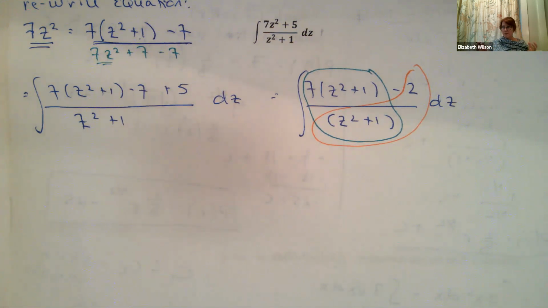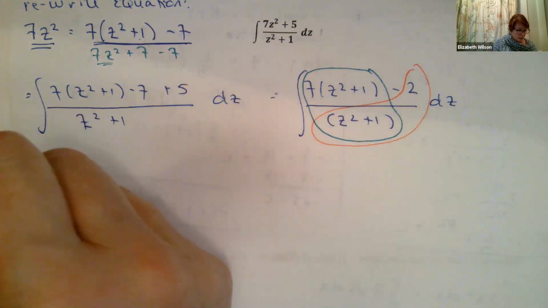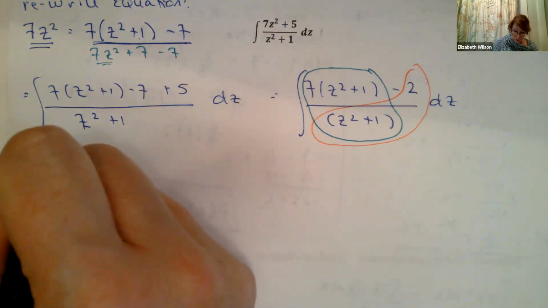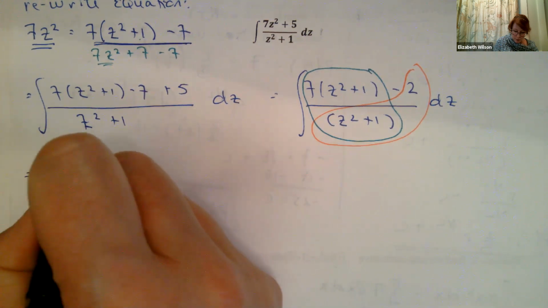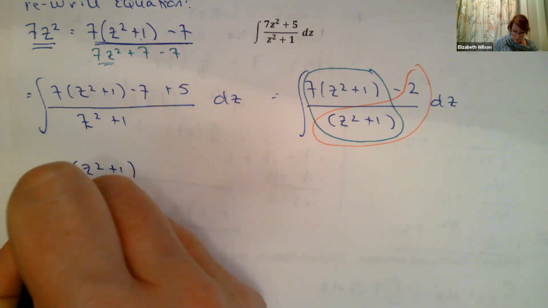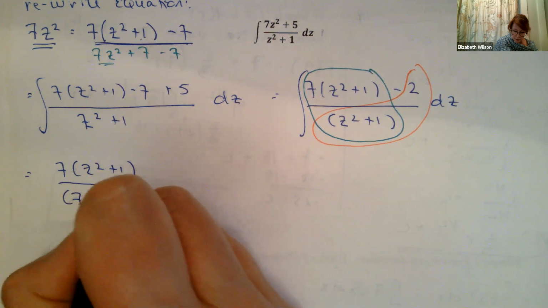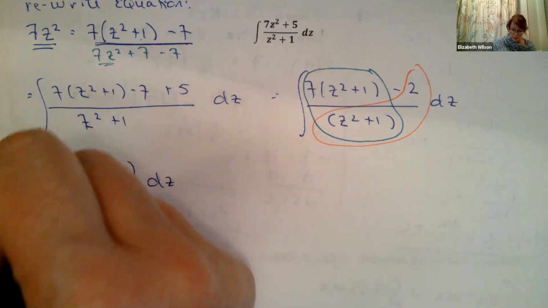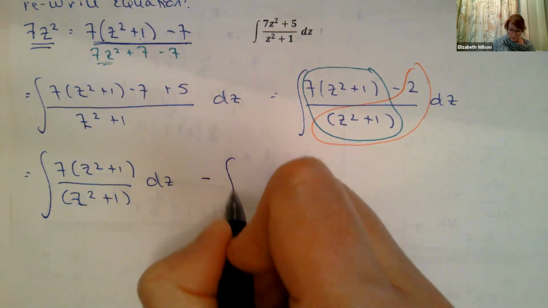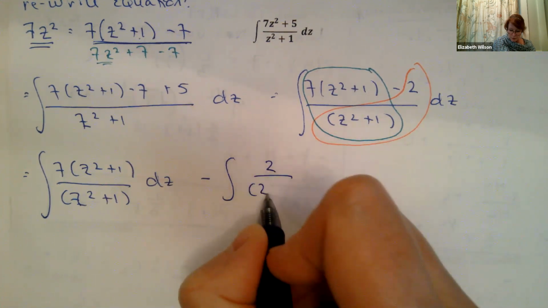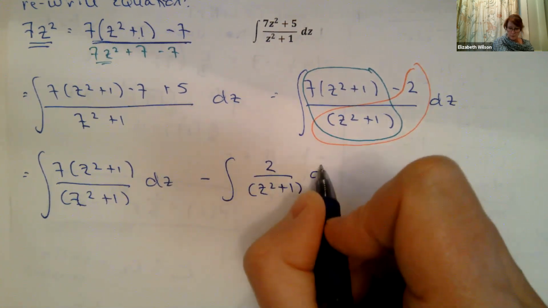And so instead of finding a common denominator and bringing it together, I'm breaking my fractions apart. So this is going to look like the integral of 7 z squared plus 1 all over z squared plus 1 dz, minus the integral of 2 all over z squared plus 1 dz.